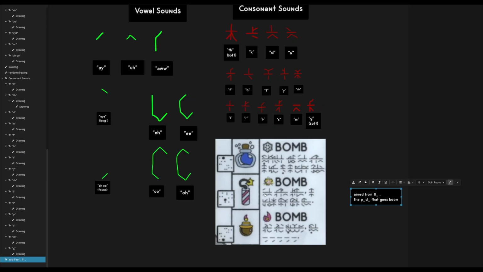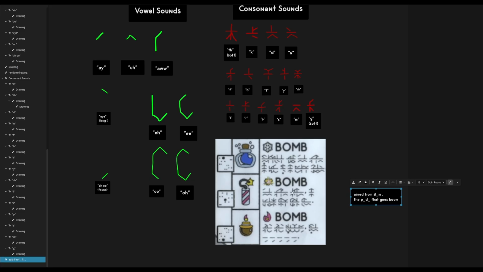So aimed from that's an S. Why does that look like an F to me?